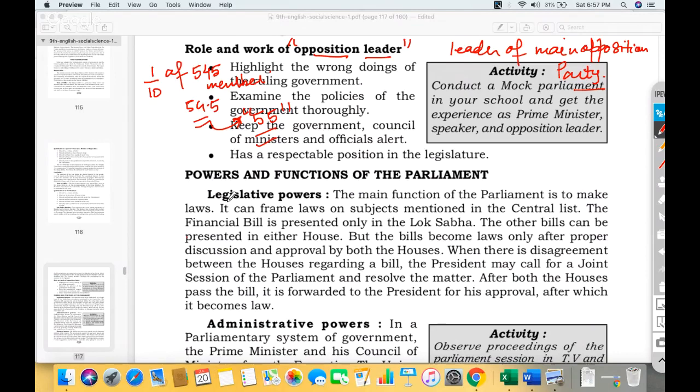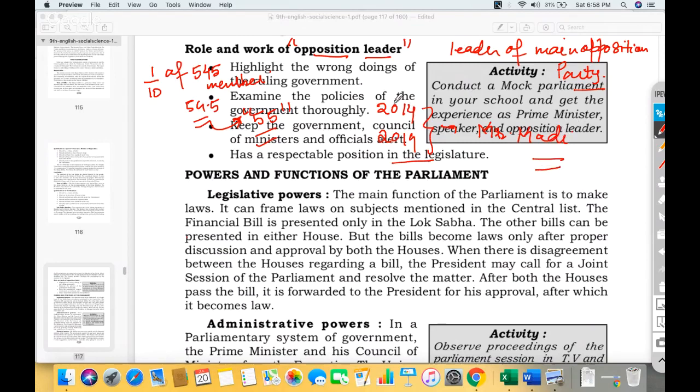So now suppose, is there an opposition leader in the parliament? No. For the last two elections, election of 2014 and election of 2019, which just concluded, in both of them, Mr. Modi was prime minister. Mr. Modi took the charge of prime minister of India.